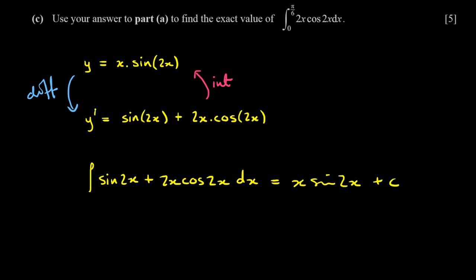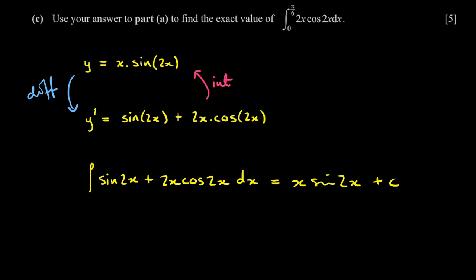This is exactly the principle I've just explained: if we differentiate that, we get this, which means that if we integrate this, we get that. All I've done is rewrite it in proper integral form.